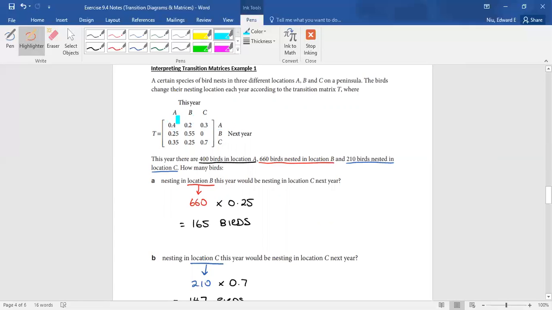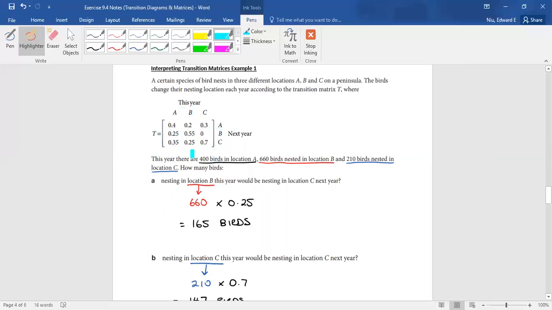If a bird was in location A this year, there's a 25% chance of them flying to location B the next year. If there's a bird in location A this year, there's a 35% chance of them flying to location C. So that's how you interpret this matrix.